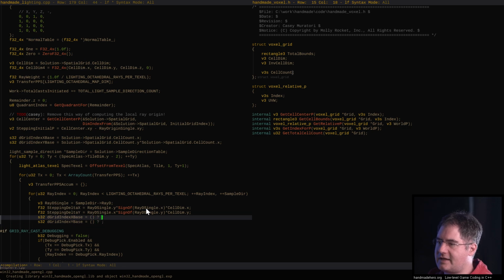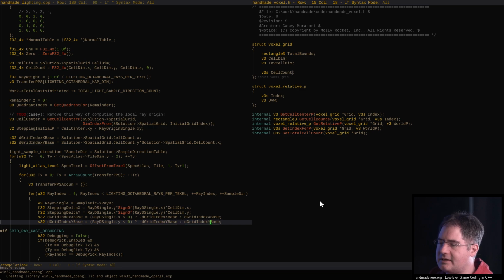So you have this nasty problem of now you're doing this, which is ray d single x. If it's less than 0, then it's d grid index x base. Otherwise, it's d grid index x base without the minus, right? That just is crappy. There's really no two ways about it. That's not good, I don't think.